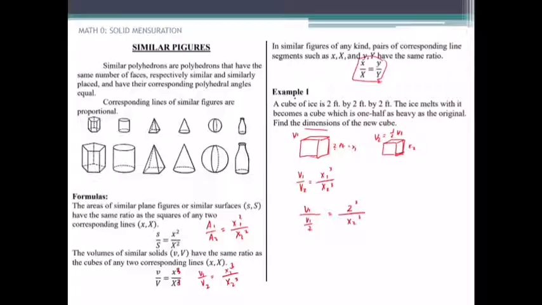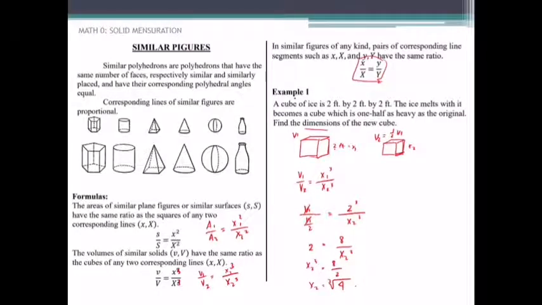This is cancelled. So 1 divided by 1/2 is 2. Is equal to 8 over x2 cube. So x2 cube therefore is equal to 8 divided by 2. Or x2 now is equal to the cube root of 4.